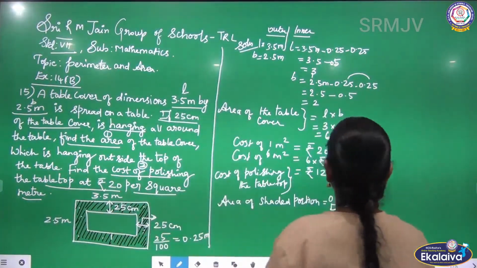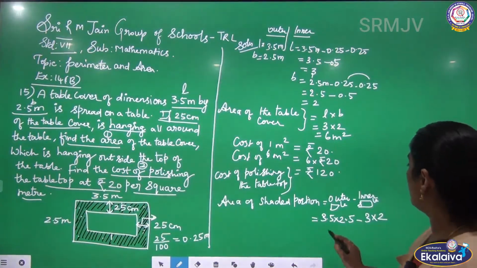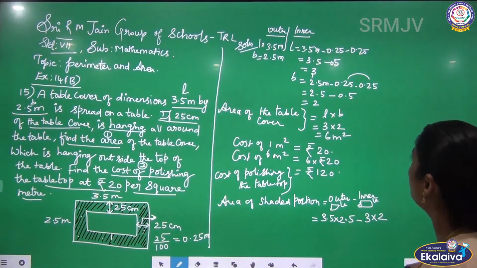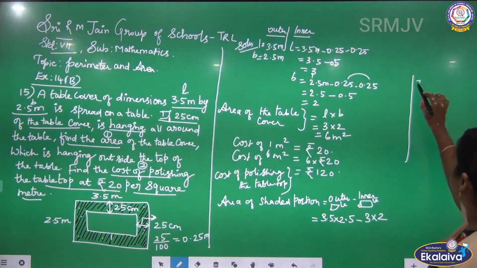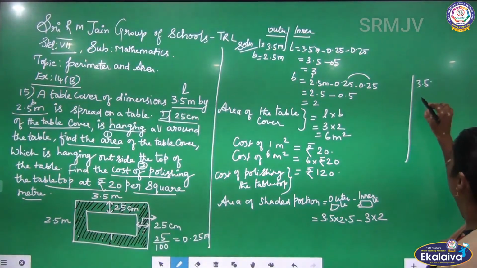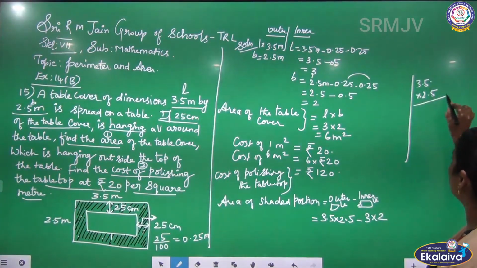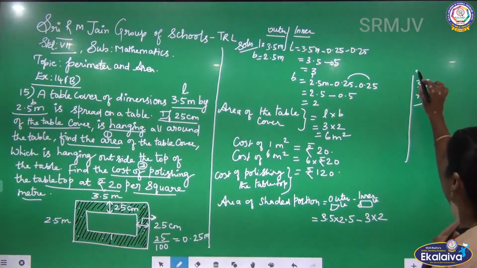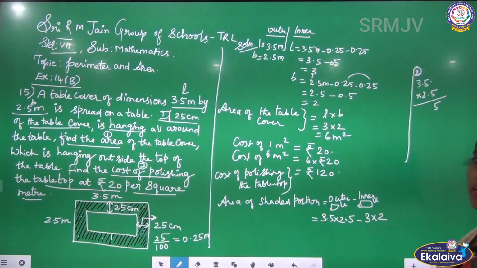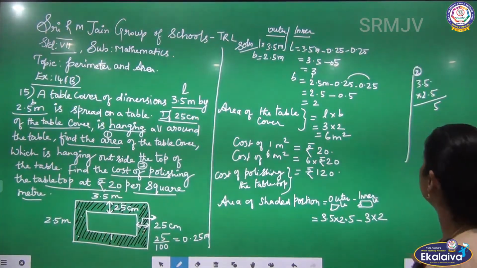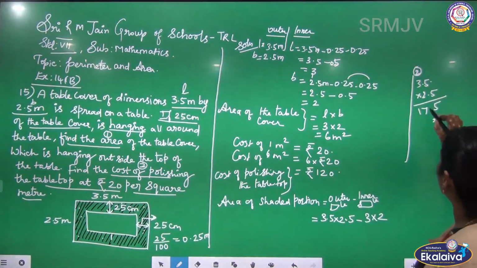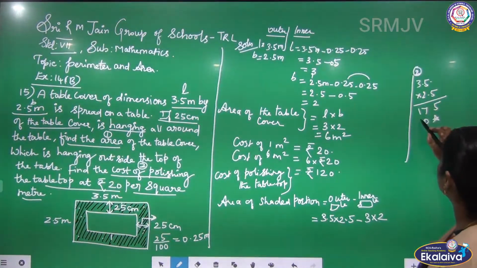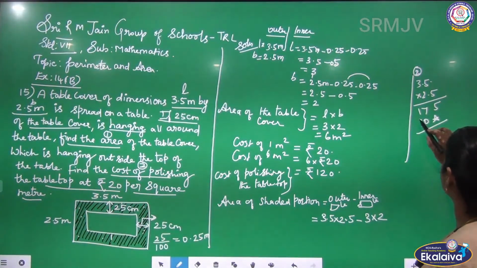Now listen, you are going to multiply this 3.5 into 2.5. Just we do this in the rough column. 3.5 into 2.5. Listen, 5 5s are 25, 2 carry over, 5 3s are 15, 15 plus 2 is 17, and 2 5s are 10, 1, 3 2s are 6, 6 plus 1 is 7.